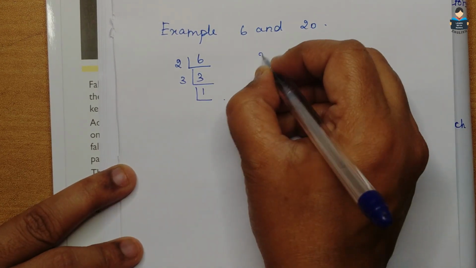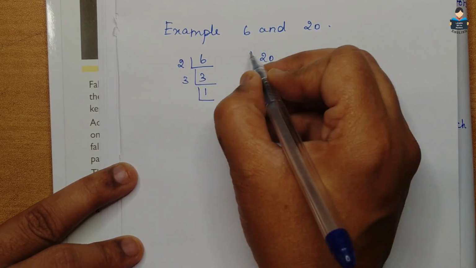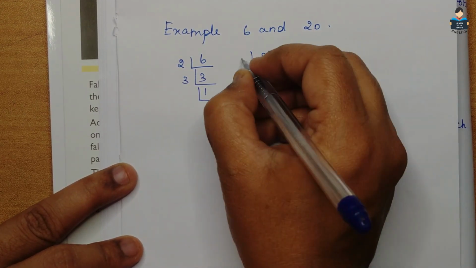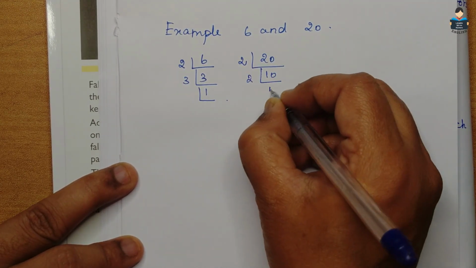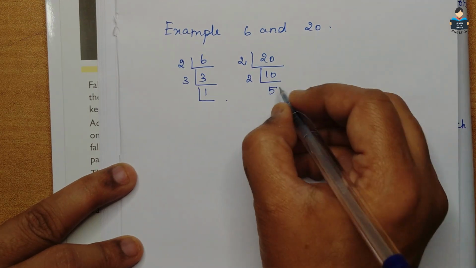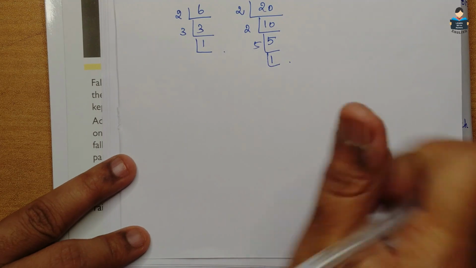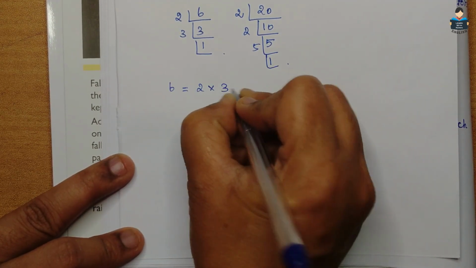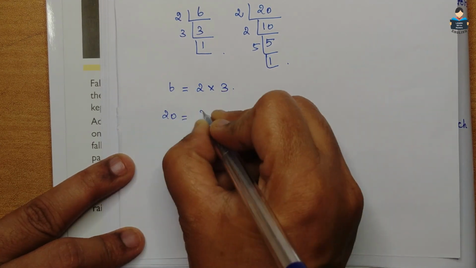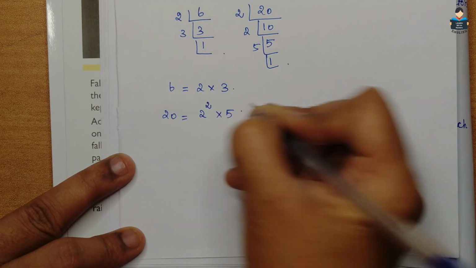Similarly for 20, it will be divisible by 2 since it is an even number. So 2 10s are 20, now 2 5s are 10 and 5 one time. So we can write 6 as 2 into 3 and 20 as 2 to the power 2 into 5.